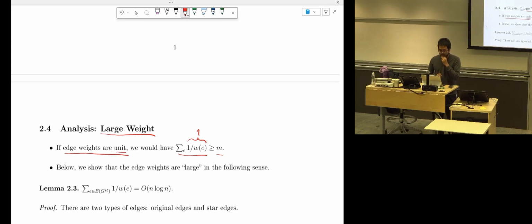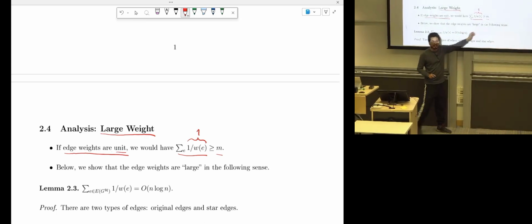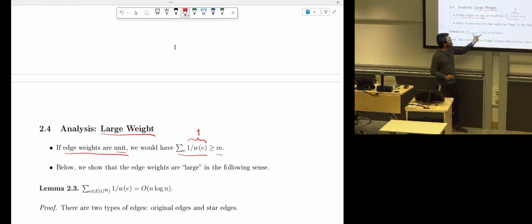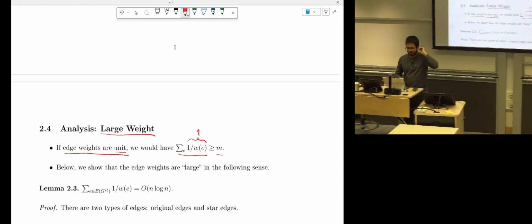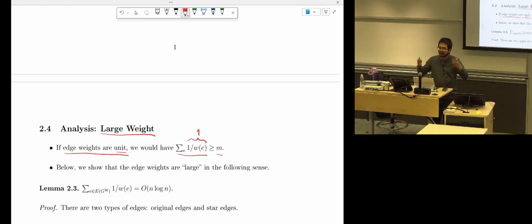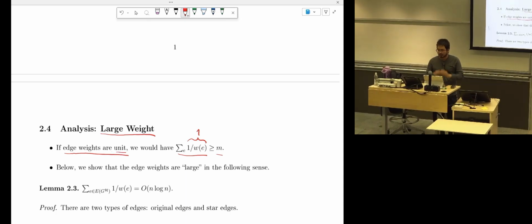But I'm going to say that our edge weights are big in the sense that this sum, instead of m, is just log n. So it's less than m. That can happen when the weights are big enough. So it's big in this sense.